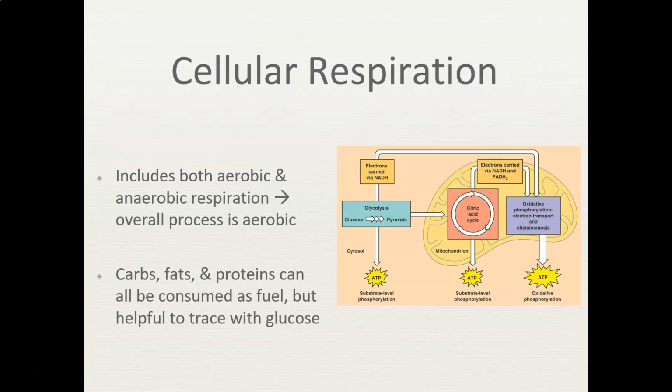Proteins, same deal. Your body was evolving at a point where you may have gone days without access to food. And so we wanted to be able to store up any excess fuel in those fat stores so that when you went for a few days without having access to regular food, you didn't starve to death. Your body could go after those fats.